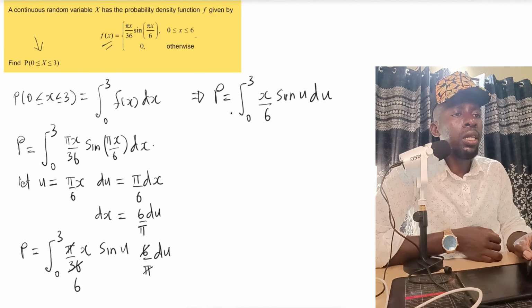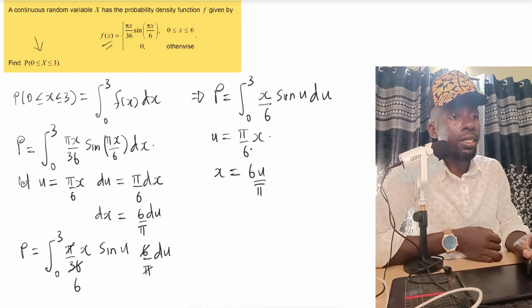If you remember, we let u equal pi over 6 x. That means the value of x is equivalent to 6u over pi, if we make x the subject. So we have to substitute this value of x there.